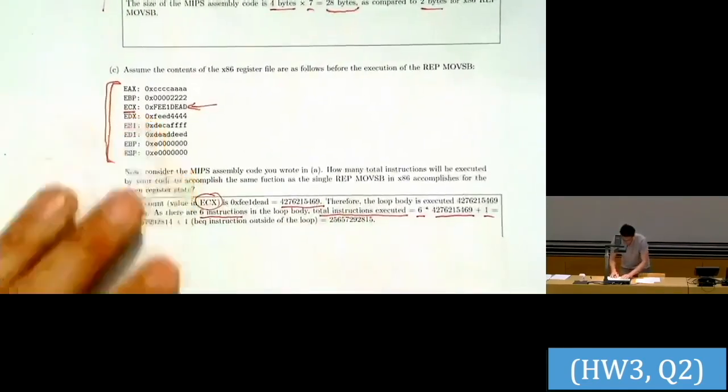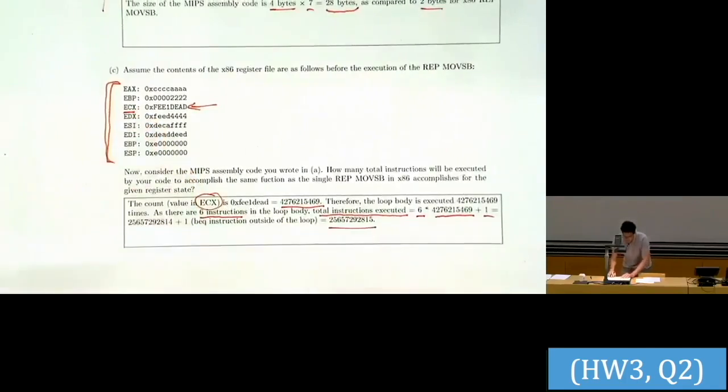So this is our total number of instructions executed for MIPS, compared to one single instruction that will be executed if we have an x86 ISA.